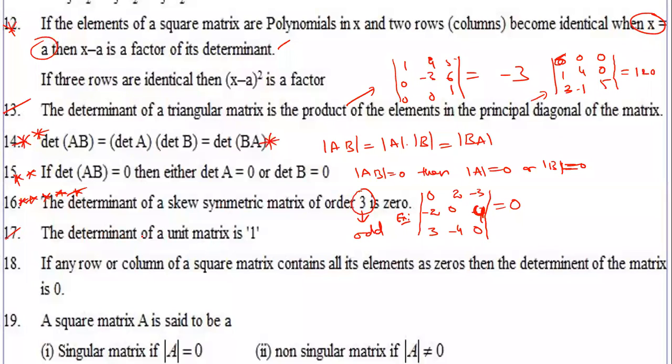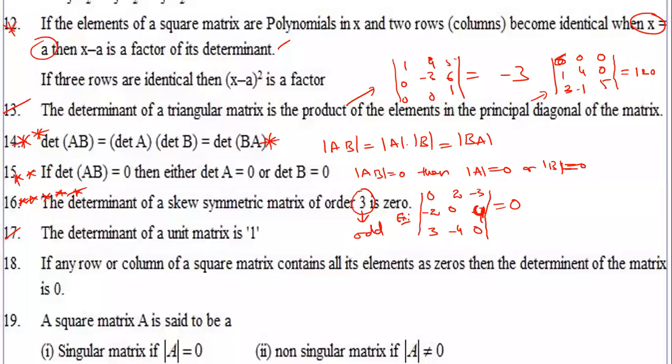17th. The determinant of an identity matrix or unit matrix is 1. Everybody knows. 18th point. What is your answer?